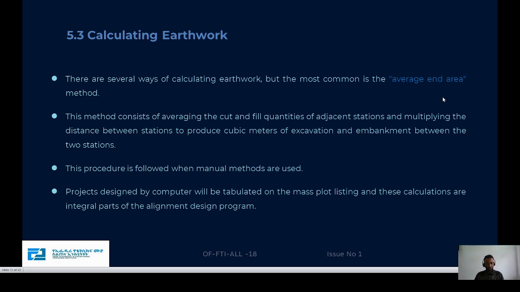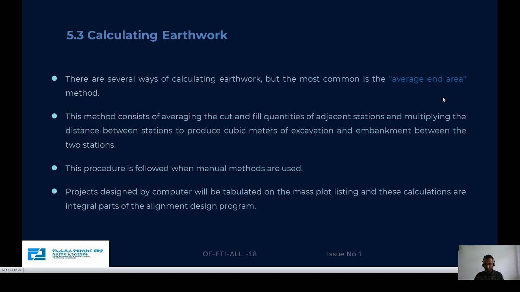This method consists of averaging the cutting and filling quantities at adjacent stations and multiplying by the distance between the stations to provide cubic meters, or the volume, divided by 2. For example, for consecutive or adjacent stations, it will be area 1 plus area 2 times the length between the stations.